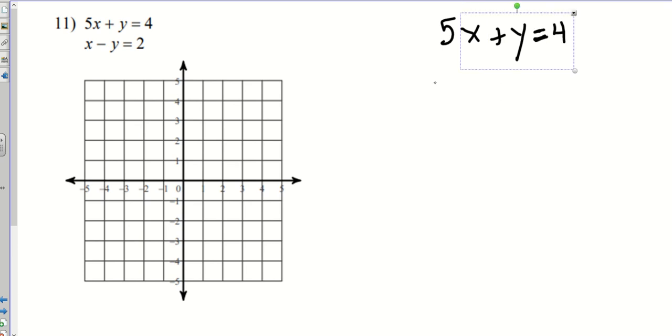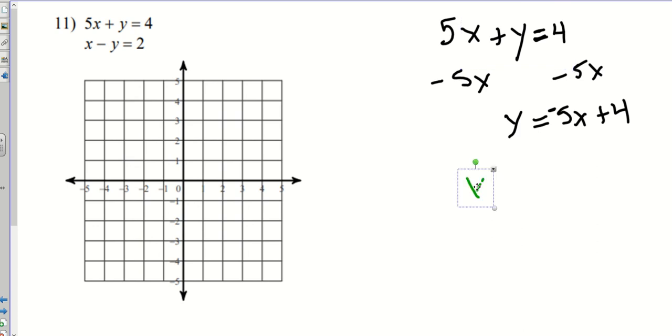So if I want to get y by itself, I need to subtract 5x from both sides. So I get y equals -5x plus 4. In the second one, I have x minus y equals 2. I'm going to subtract x from both sides.